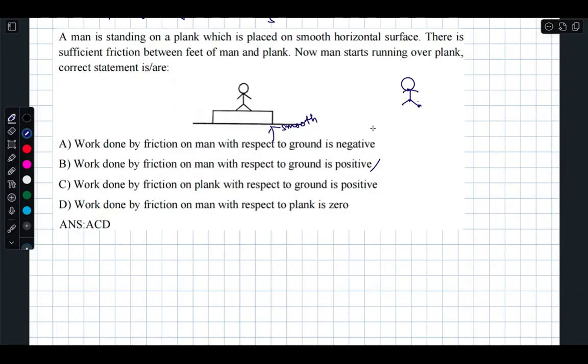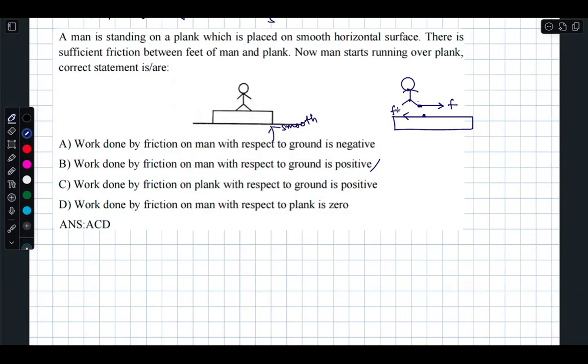For you to move forward, the toe will have a tendency to move backward. So the friction offers a forward support action. And on the plank, this is the action, and the corresponding point on the other side, this is the reaction.